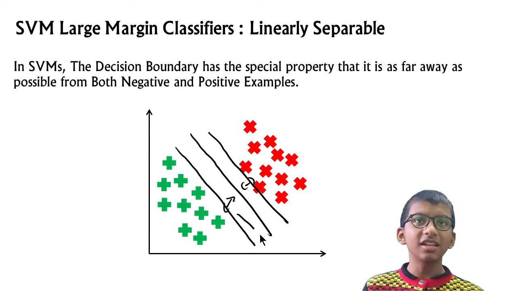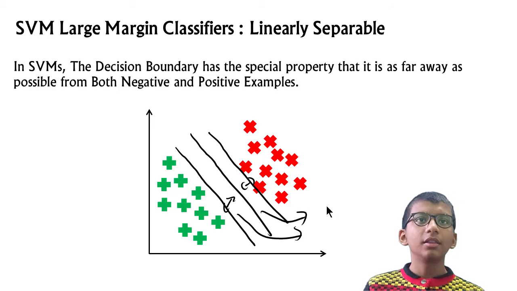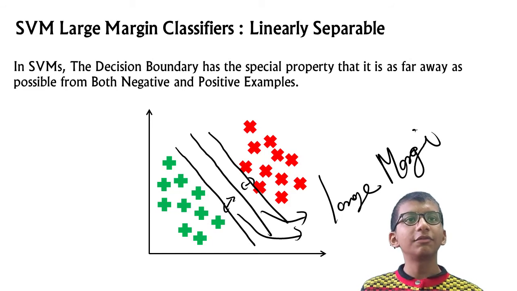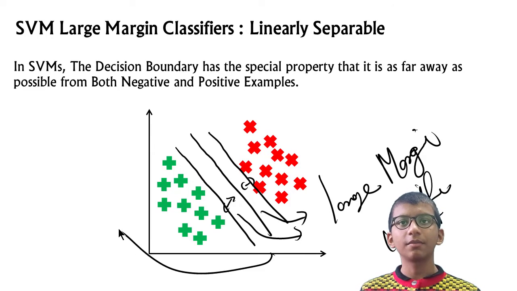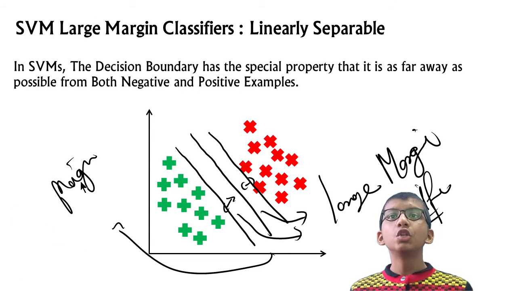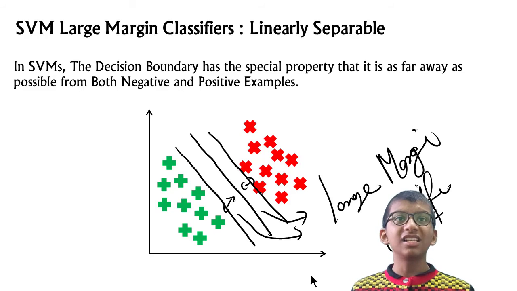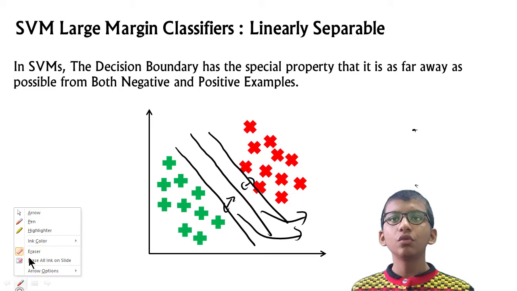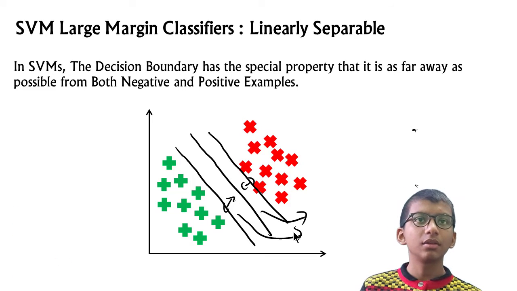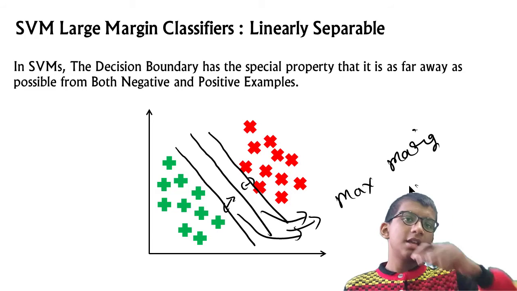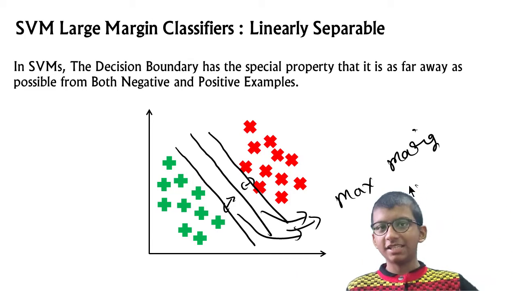This distance is called the large margin classifier, or you can just say it is a margin. The support vector machine always wants to maximize this margin so it can separate positive and negative examples.